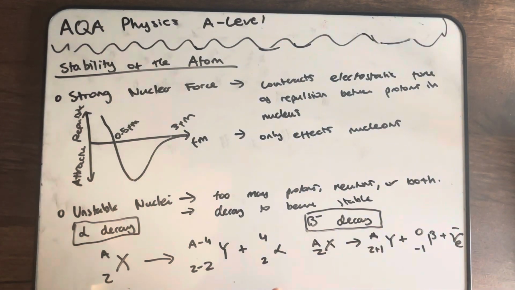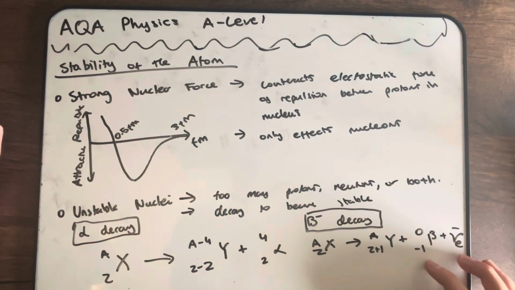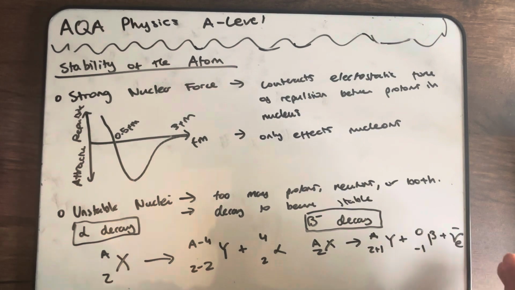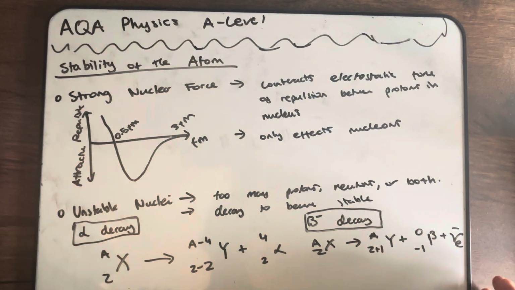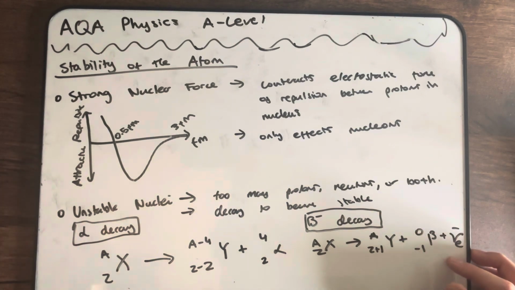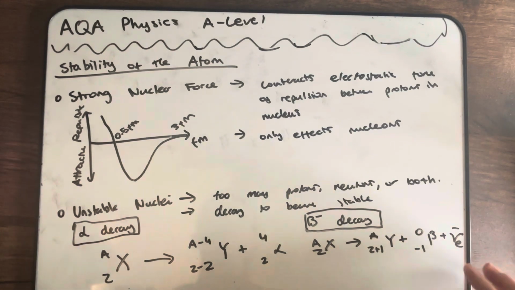Now, a bit of history that you may need to know for the exam is that initially scientists believed that only an electron was released in beta decay. However, energy was not conserved, so another particle had to carry away this energy, and that is the electron antineutrino. Now there's reasons why it must be an antineutrino and not a neutrino.